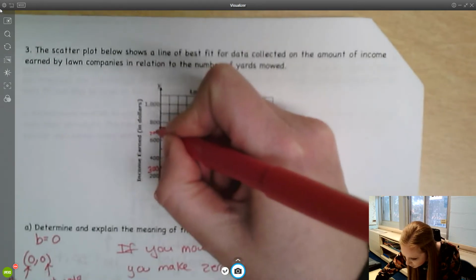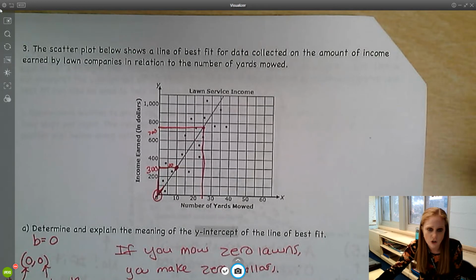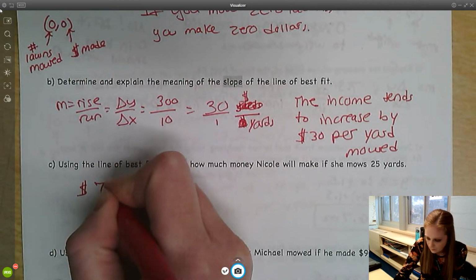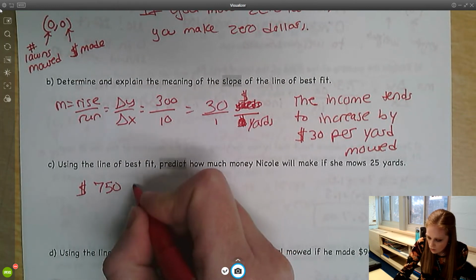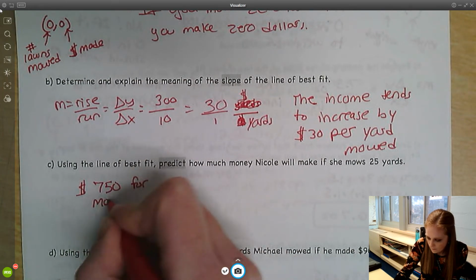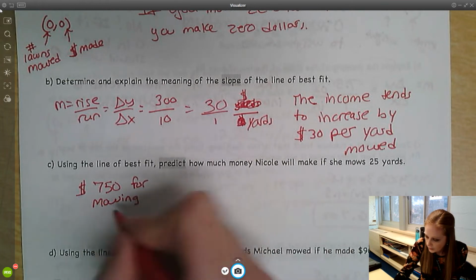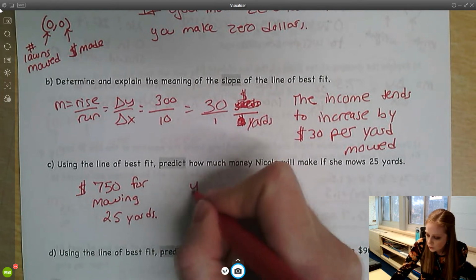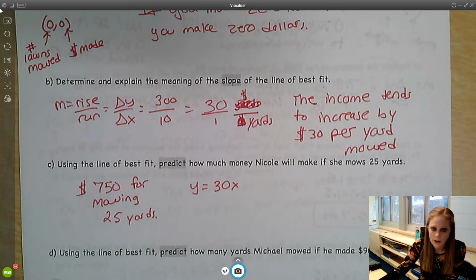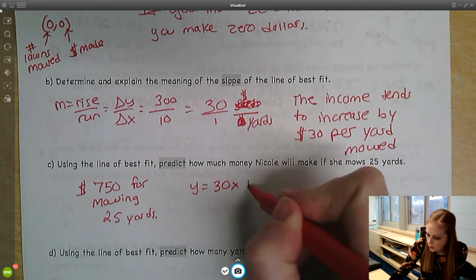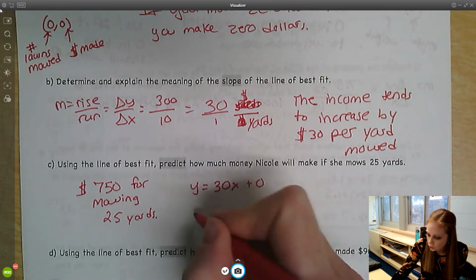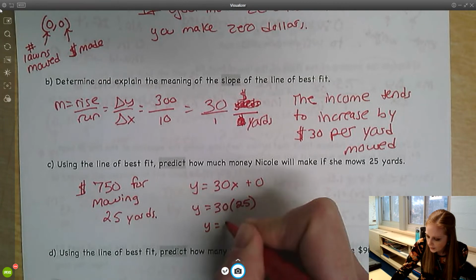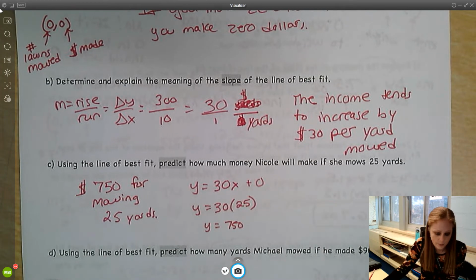So if this is 700, in between 700 and 800 would be $750 for mowing 25 yards. If you wanted to, you could have used the equation, which would be y equals 30x, because we said our y-intercept was 0 and our slope was 30.